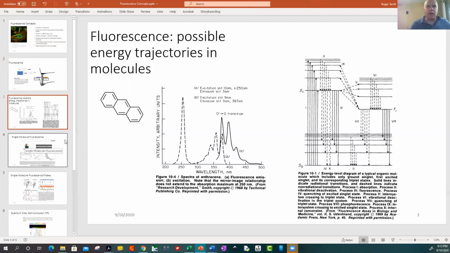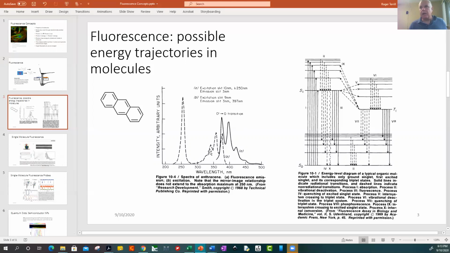Okay. So there are many arrows here. Which one corresponds most closely to the excitation of this peak here?